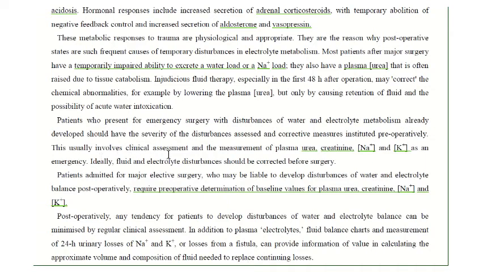This usually involves clinical assessment and the measurement of plasma urea, creatinine, sodium concentration, and potassium concentration as an emergency. Ideally, fluid and electrolyte disturbances should be corrected before surgery.